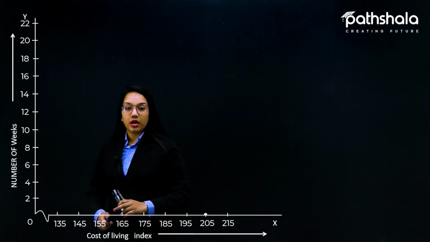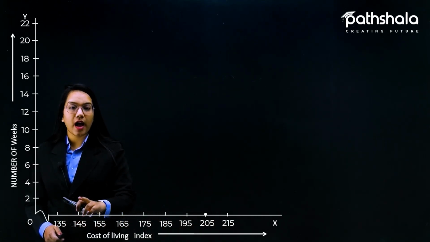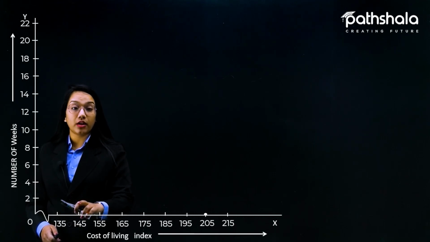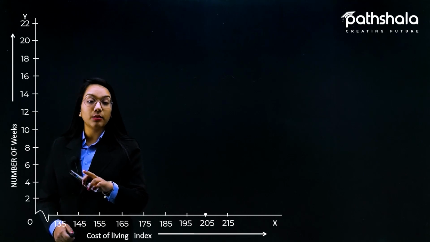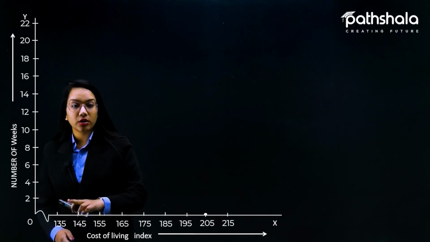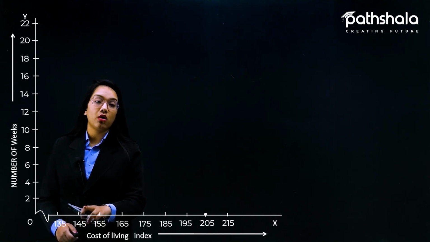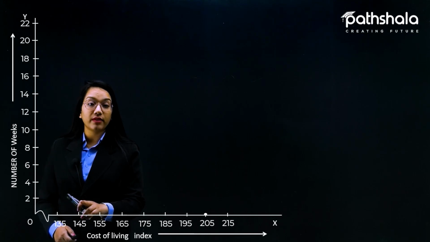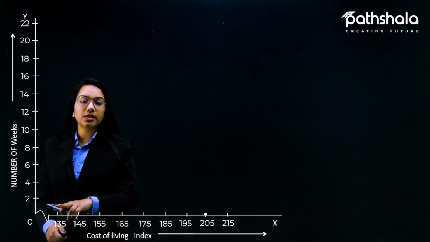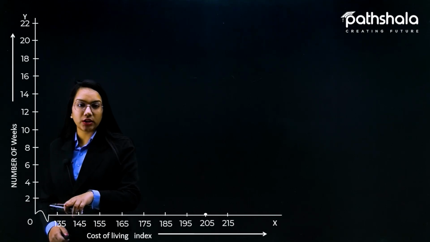So let us suppose I'm starting with the class mark. Since we know that the very first class mark that we have is 145, along with the class mark 145 we have the frequency as 5. And now for the previous one, if the class mark of the very first class is 145, then for the previous one the class mark should be 135.